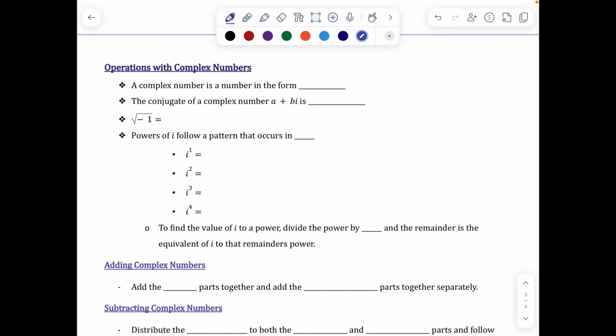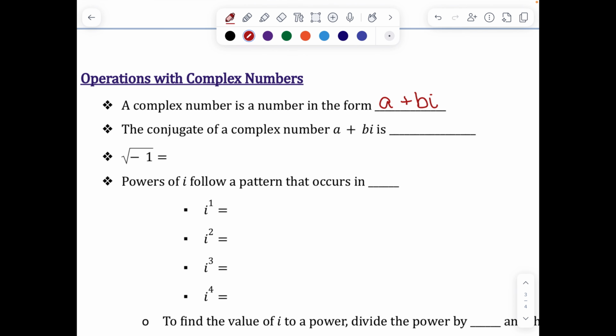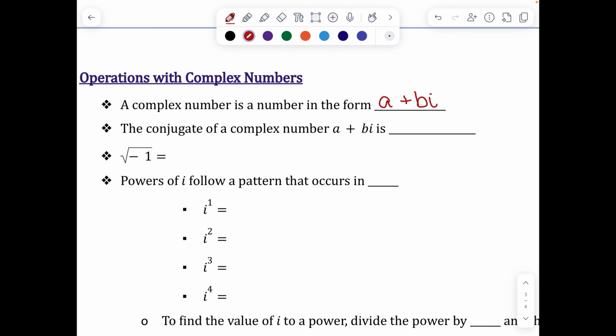So now we're going to start with our operations with complex numbers. So remember, a complex number is a number that is in the form of a plus bi. And the conjugate of a complex number a plus bi is just a minus bi.